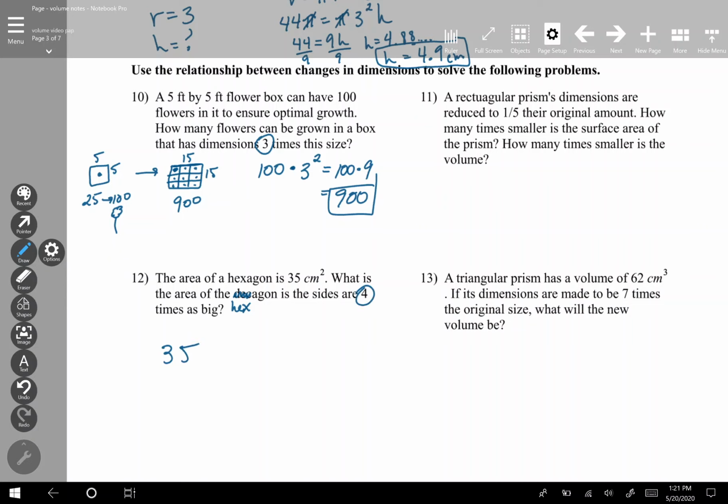My scale factor is 4, and we're dealing with area, so you have to square it. So original times the scale factor squared gives us the new one. So 35 times 4 squared is 560. So the new hexagon would be 560 centimeters squared.